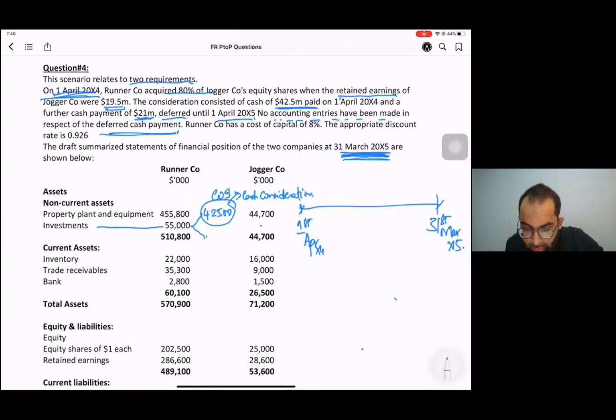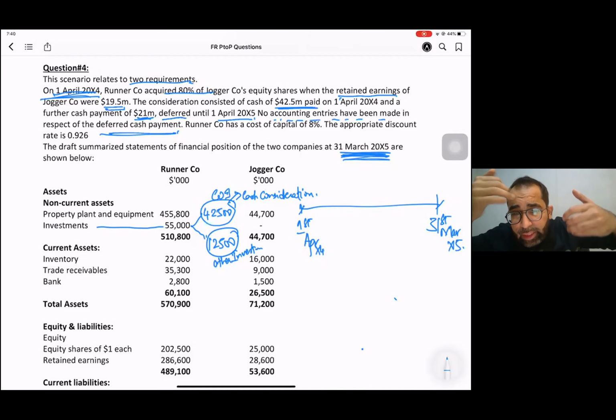Just think, in the balance sheet asset side of the parent company, this 42,500 is the cost of investment, right? So do 55,000 minus 42.5, it becomes 12,500. This is other investment outside the group.